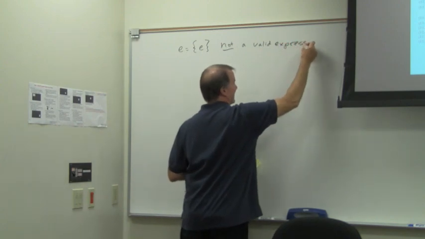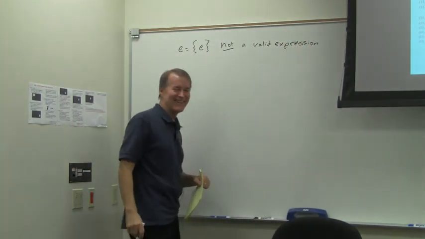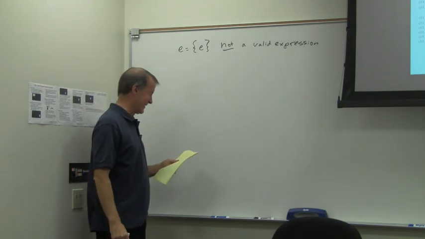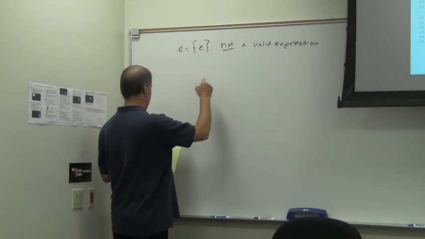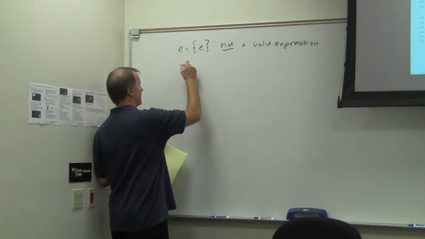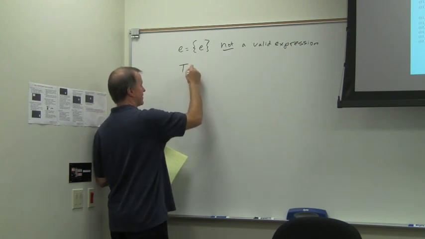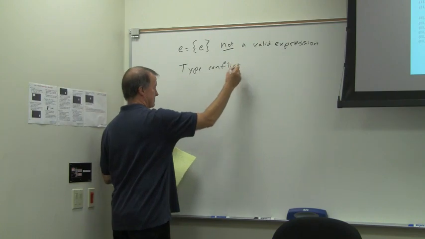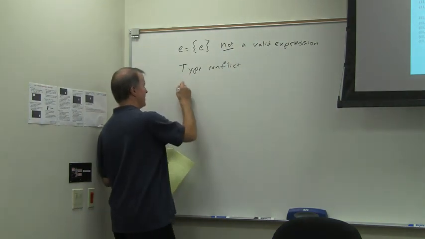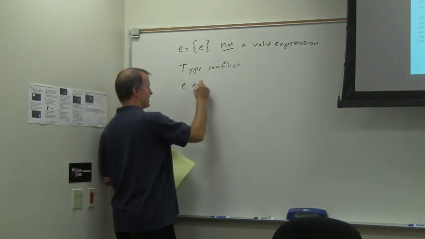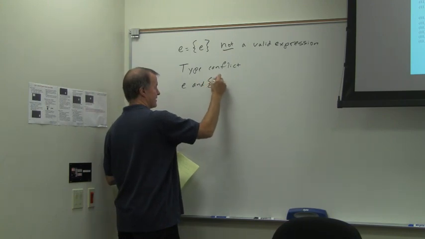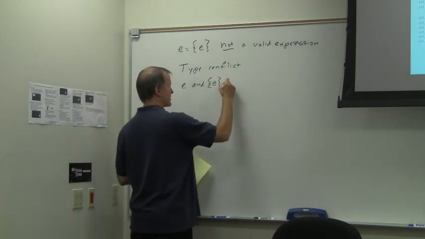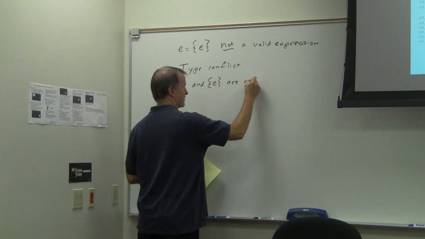Why is it not a valid expression? What's conflicting? The types. We have a type conflict because E and this set E are not the same type.